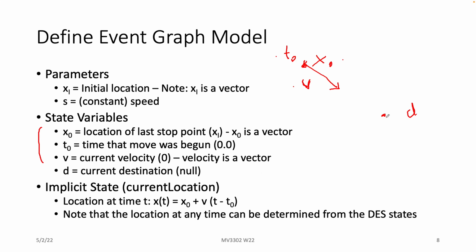Now, if I'm headed for a particular destination, that also might be something I'd be interested in. As long as I'm heading toward that destination, does it change? So what parameters do I need? Again, we're taking the simplest possible case here.